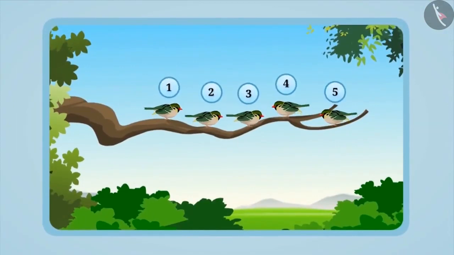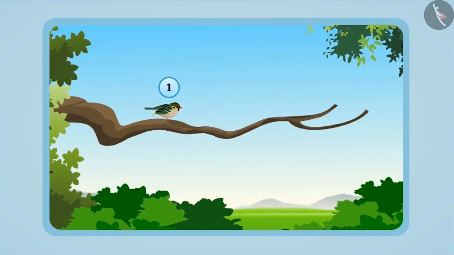Suppose there are 5 birds on a tree. Birds begin to fly away one by one in search of food, due to which the remaining birds are 4, then 3, then 2, and then 1. If this one bird also flies away, then how many birds will remain? None. It is expressed with number 0.